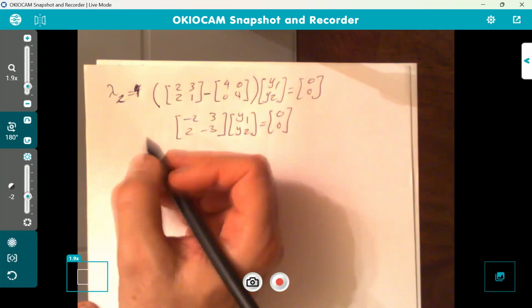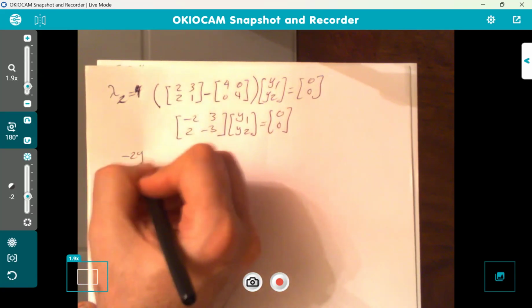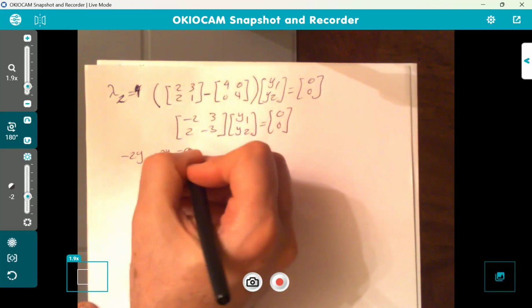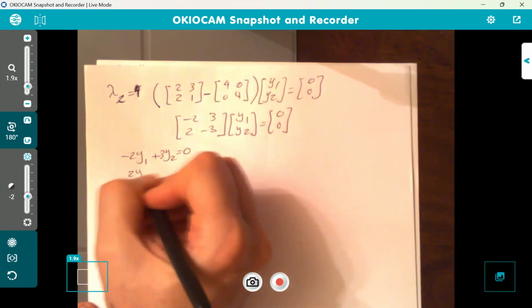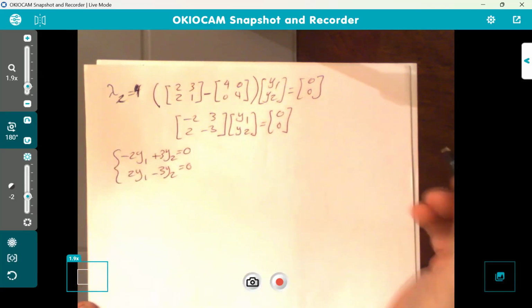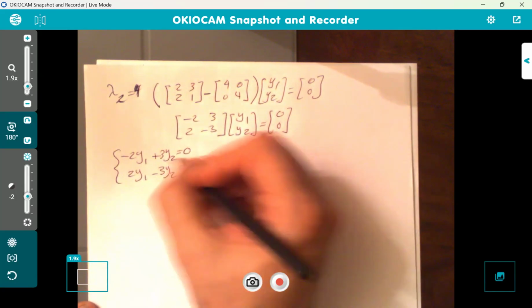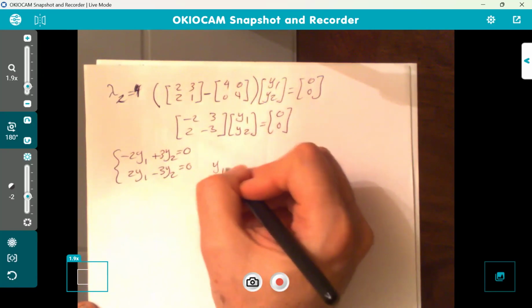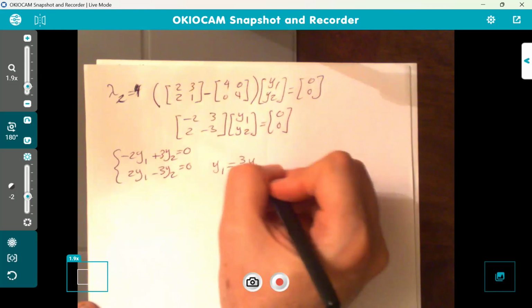So from this, we can get, again, a system of equations, negative 2y1 plus 3y2 equals 0, and then 2y1 minus 3y2 equals 0. And then we can solve either one of these. Let's say from the second one, we get y1 equals 3/2 y2.